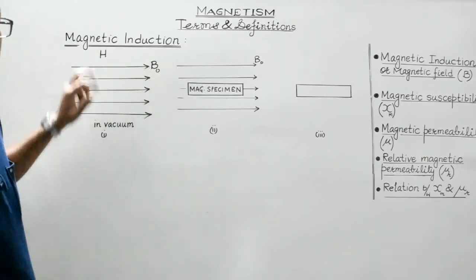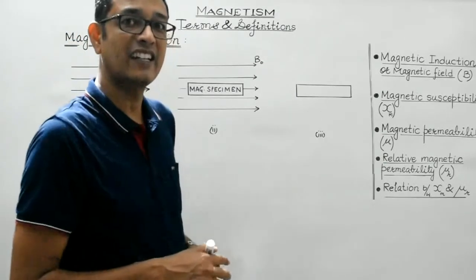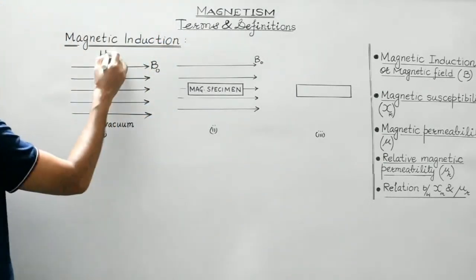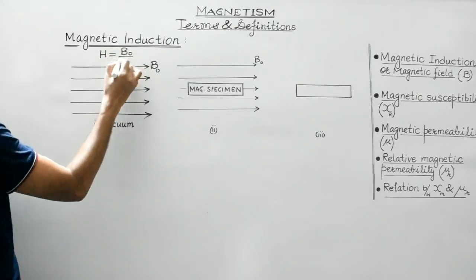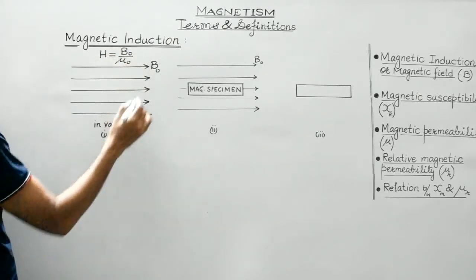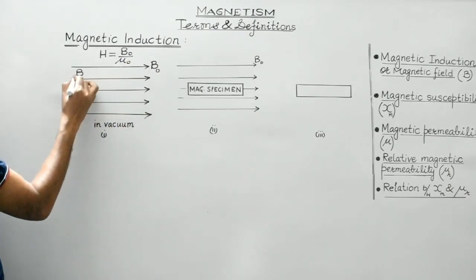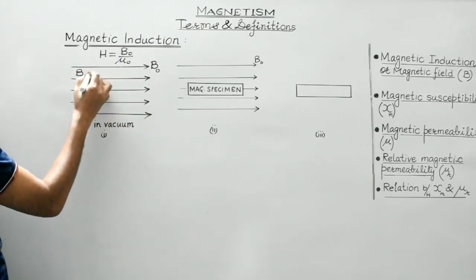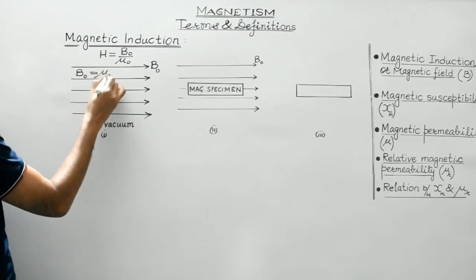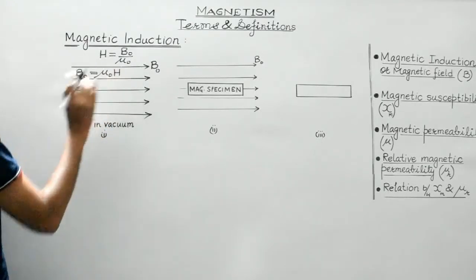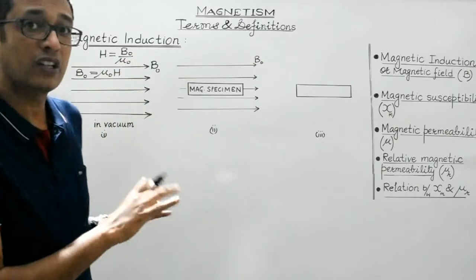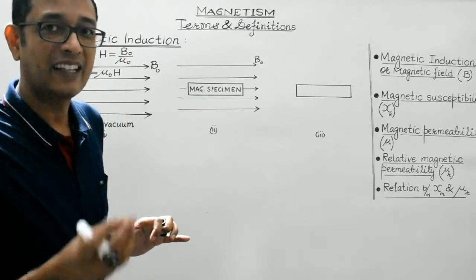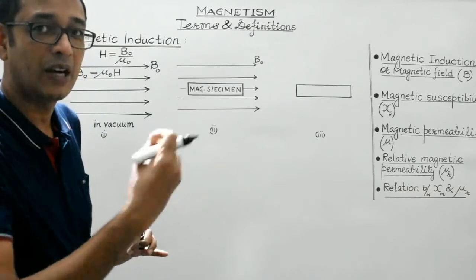And we are aware students, H, you must remember, is the magnetic intensity. And in vacuum, this magnetic intensity is given by B naught divided by mu naught. So this B naught, which is the magnetic field assumed to be present in vacuum, will be equal to mu naught H. Clear students? So what we have assumed is this magnetic field B naught in vacuum, so the magnetic intensity would be B naught divided by mu naught.